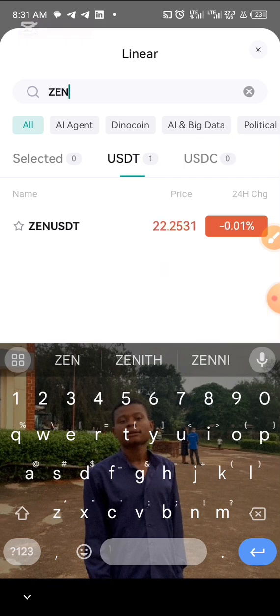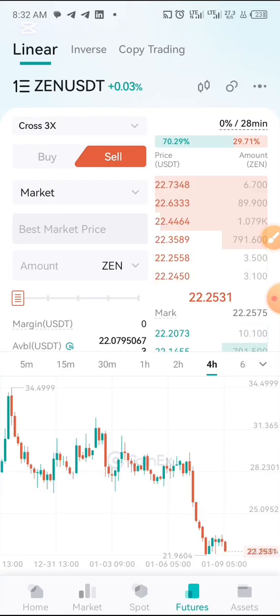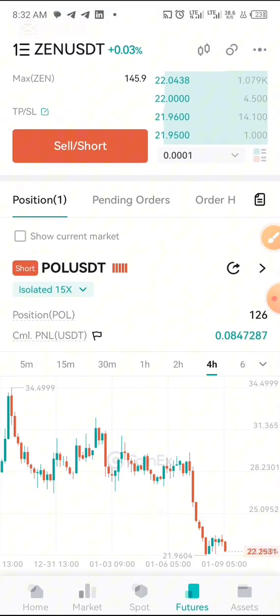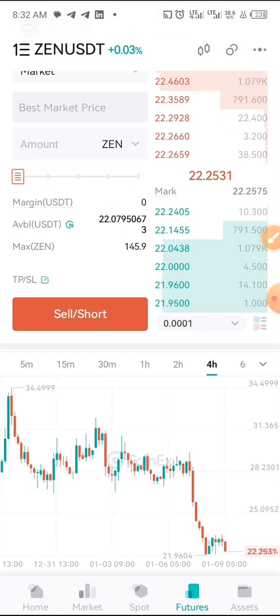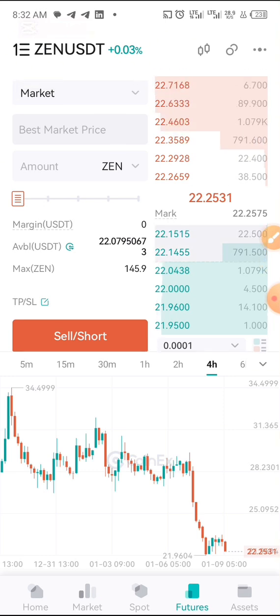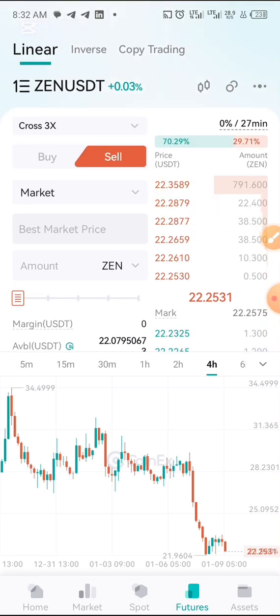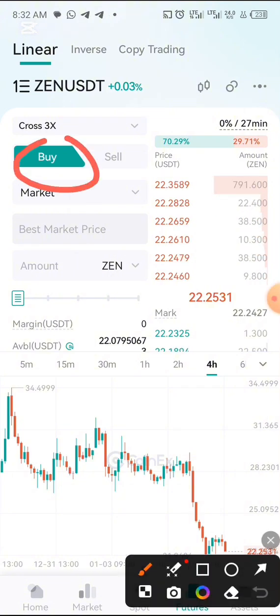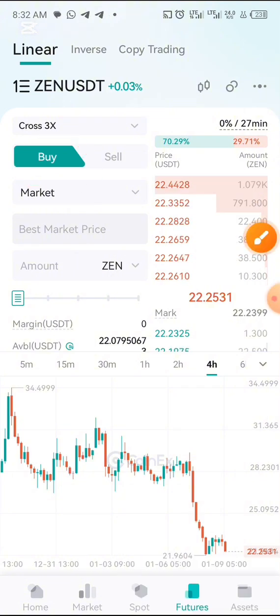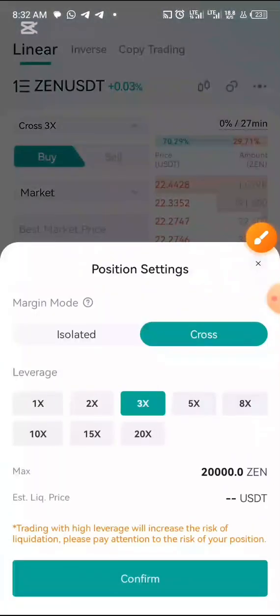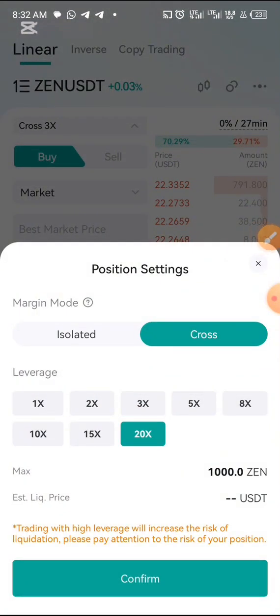Okay, so we have Zen here. Click on Zen. Okay, it's actually a buy position. So this is buy.